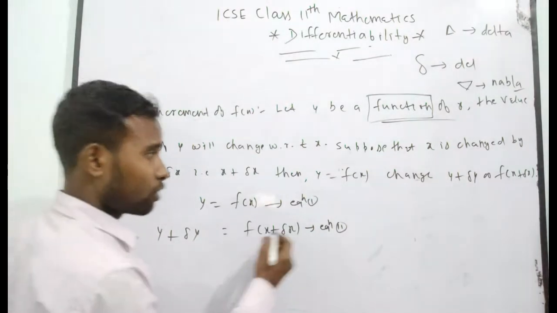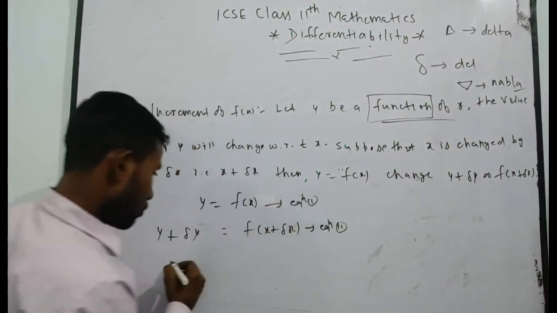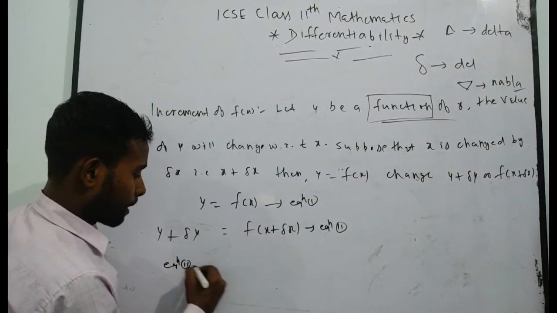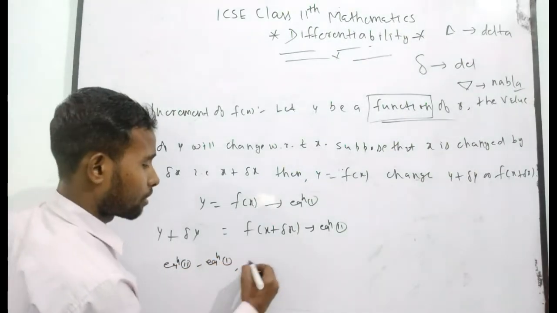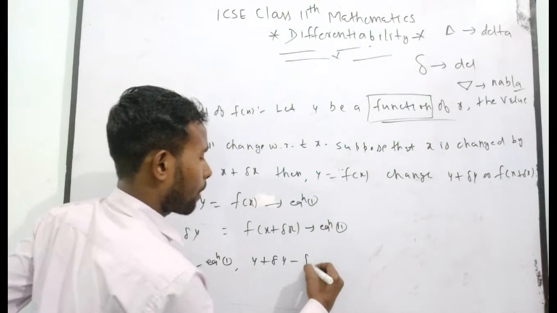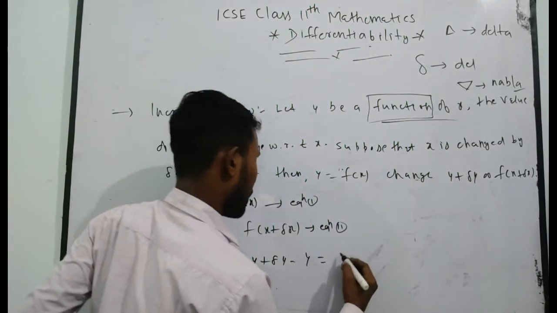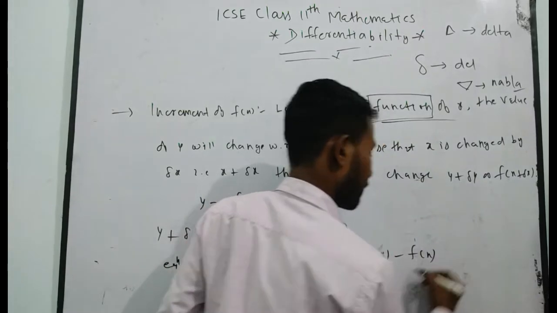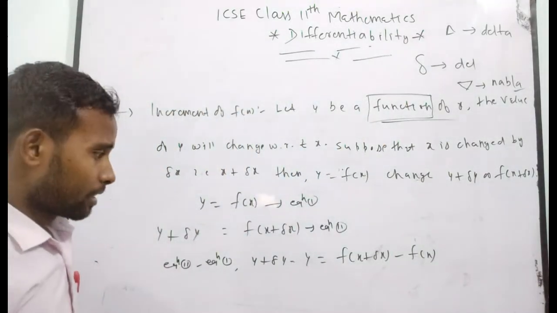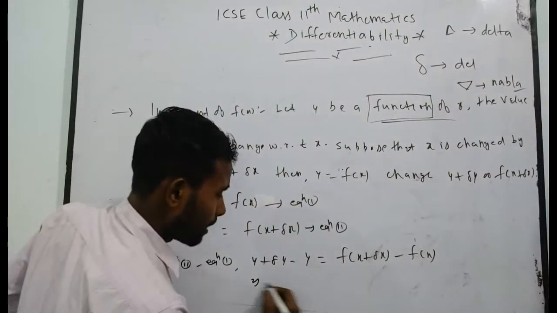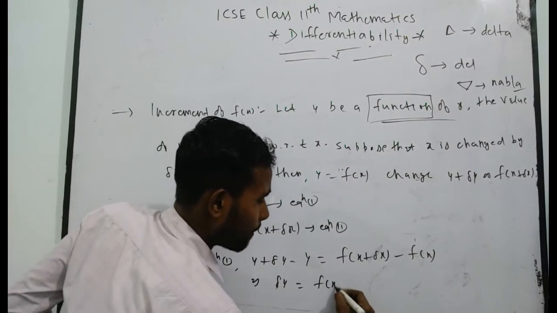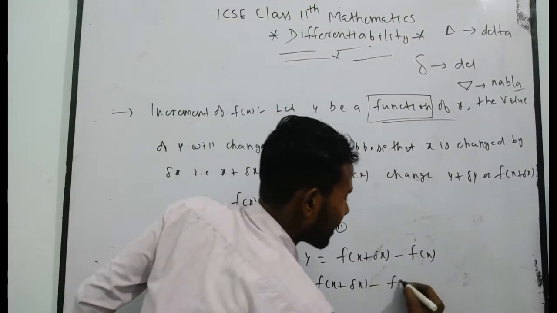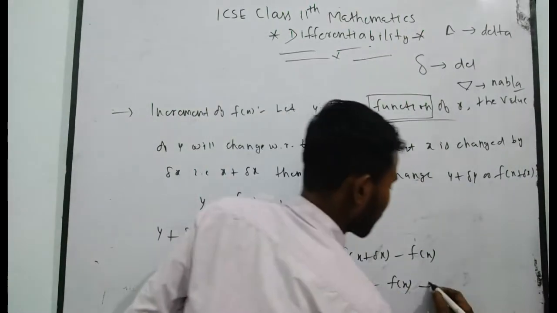So y plus del y minus y is equal to f(x plus del x) minus f(x). So del y is equal to f(x plus del x) minus f(x). This is equation third.